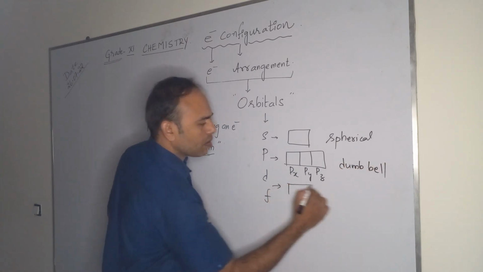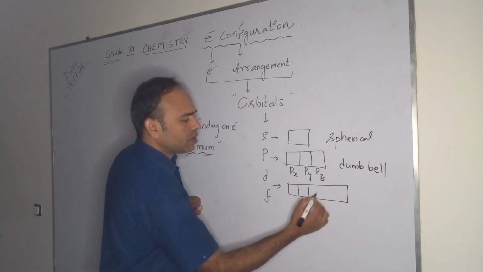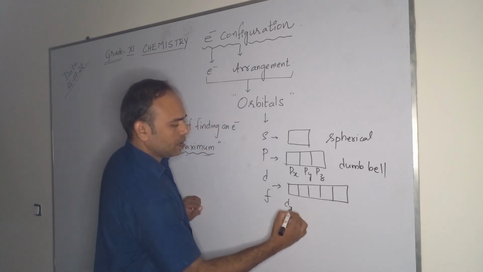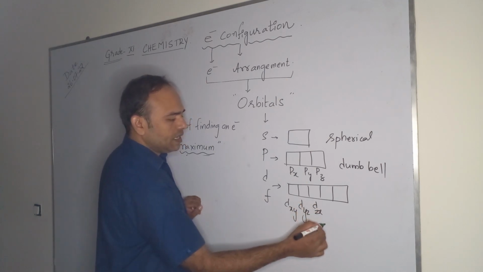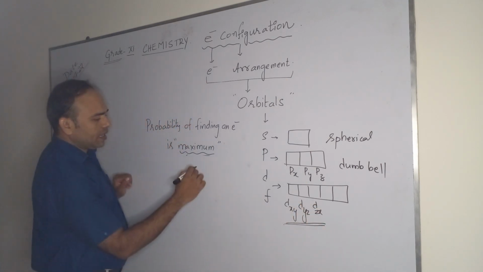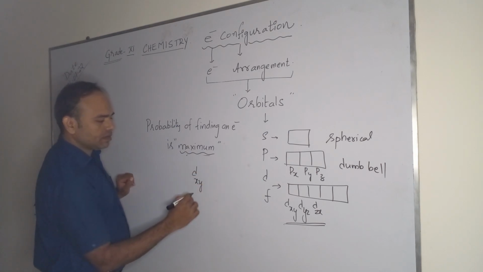Coming to d, we have 5 orbitals: dxy, dyz, dzx. So I want to tell you a small point here.